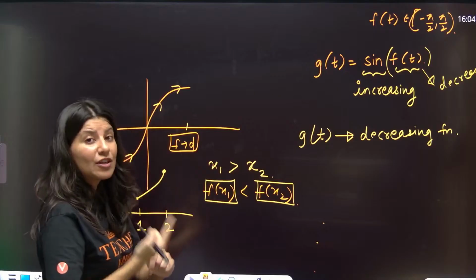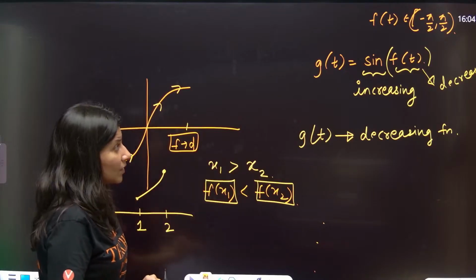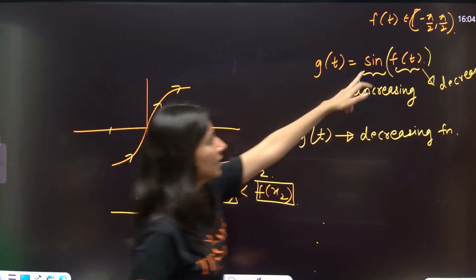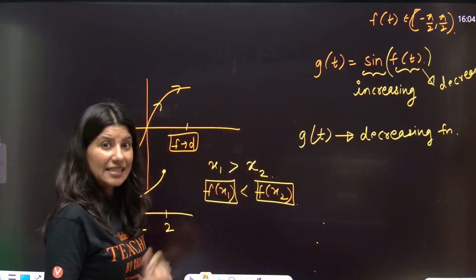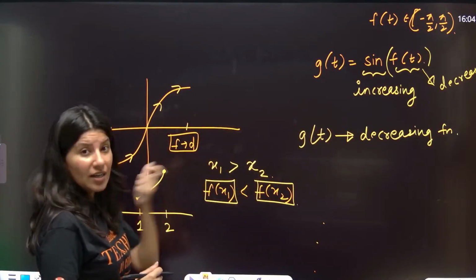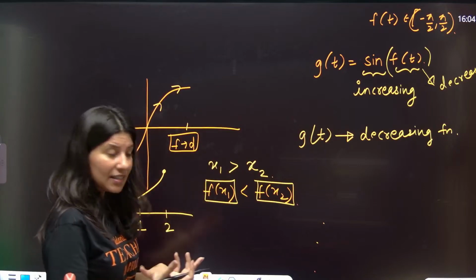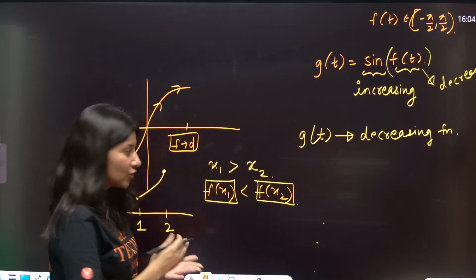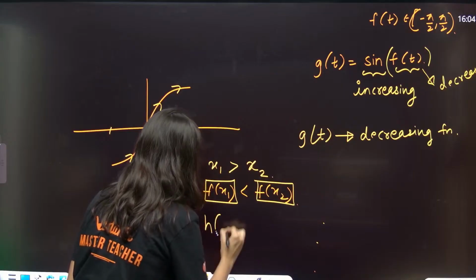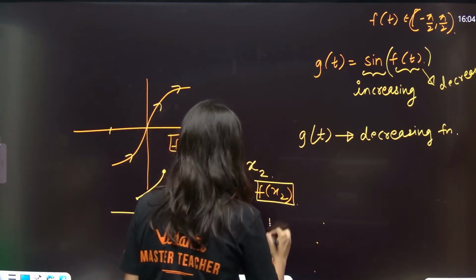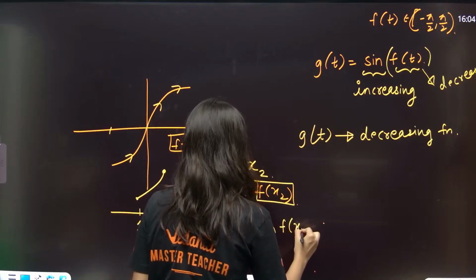Now there is another function h, represented here by sine. Sine is an increasing function, I am talking about within minus pi by 2 to pi by 2. Let me mark it as h. So if I take h of f of x1, it should be less than h of f of x2.